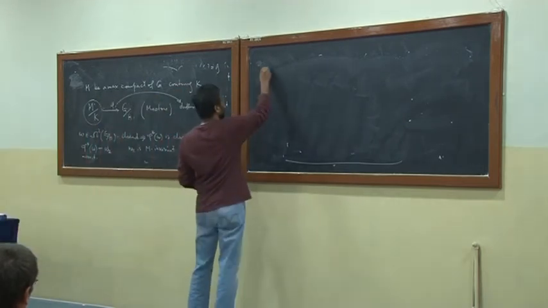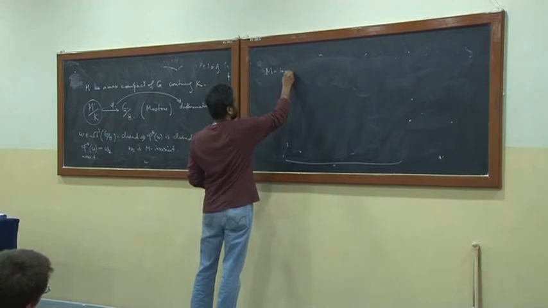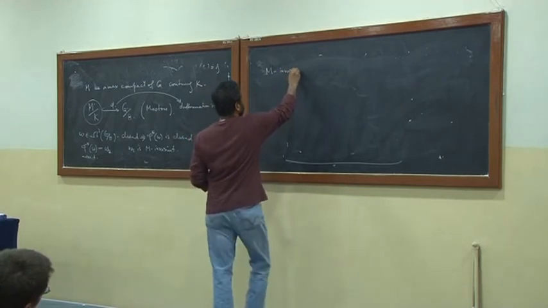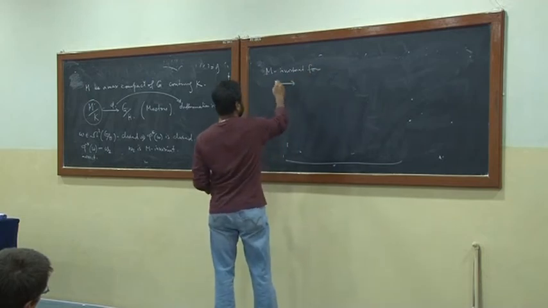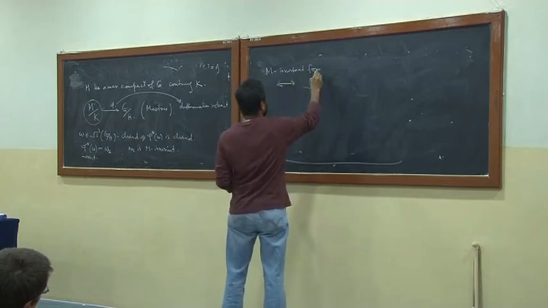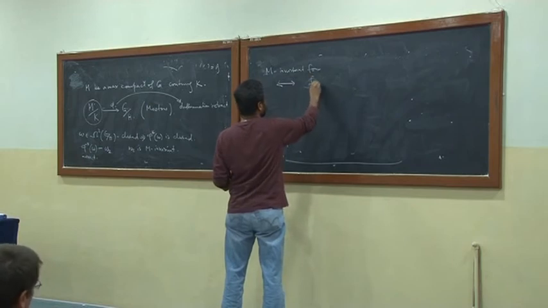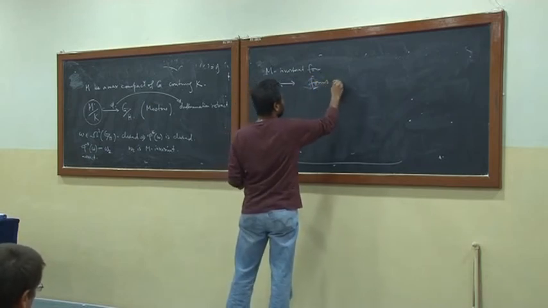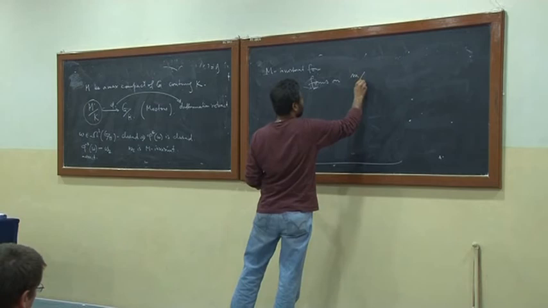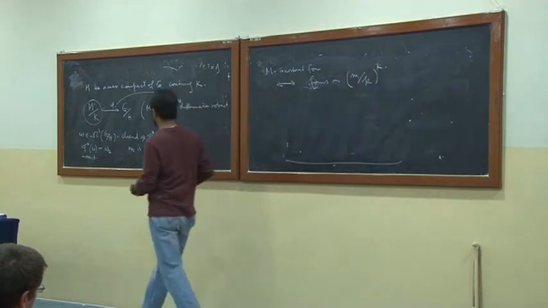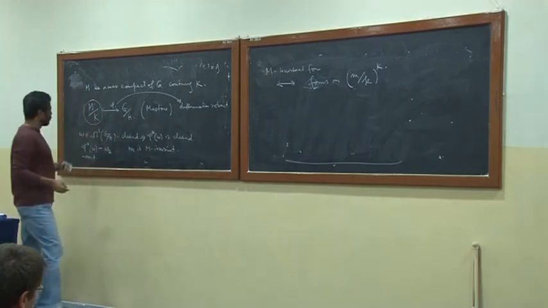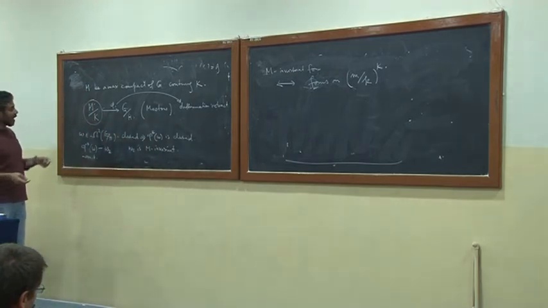So M invariant forms are in bijection with forms on M mod K, and since it is M invariant, at the tangent space level it should be K invariant.